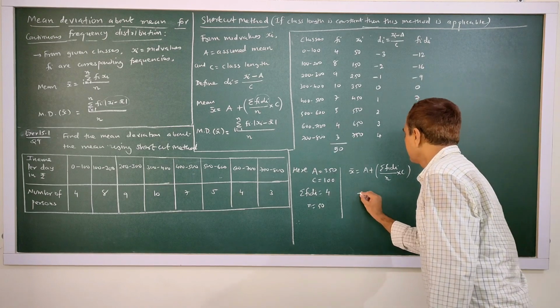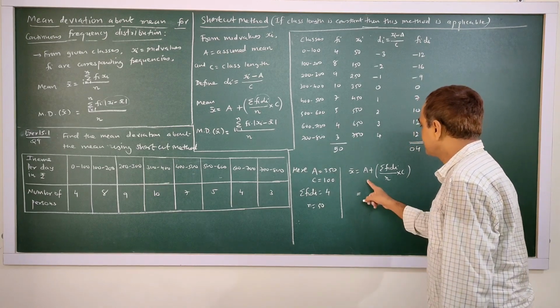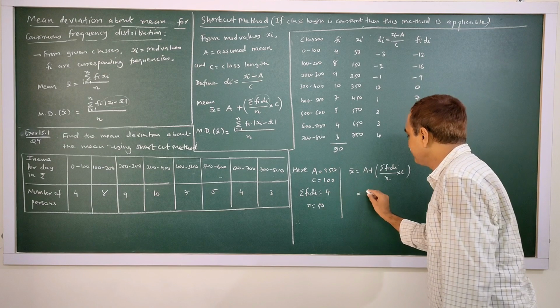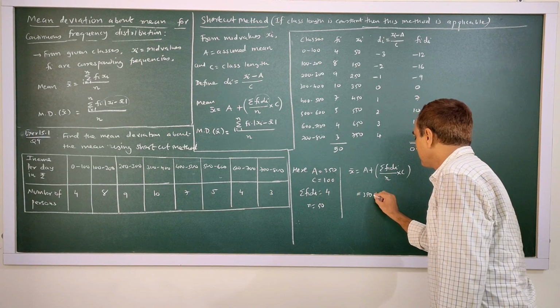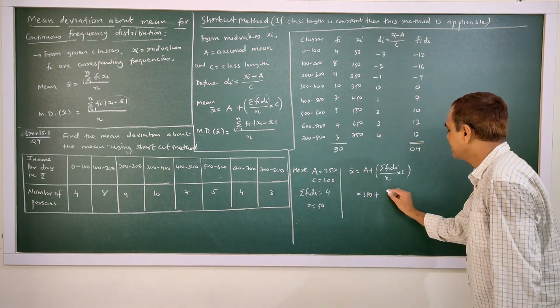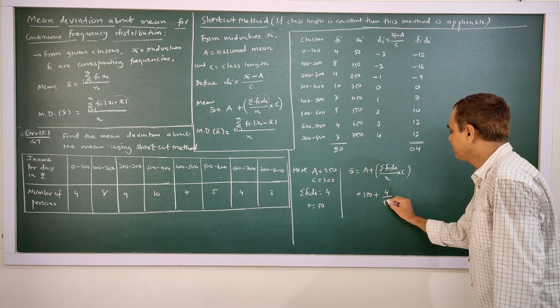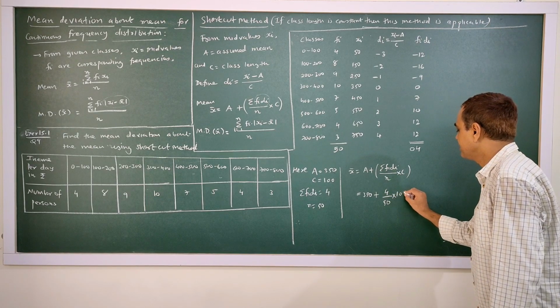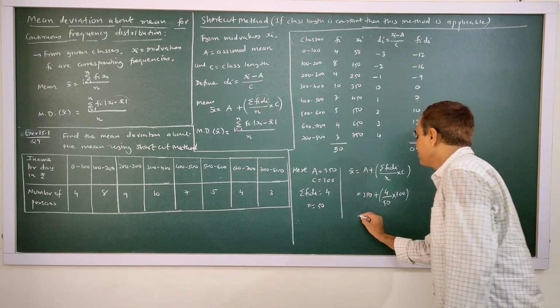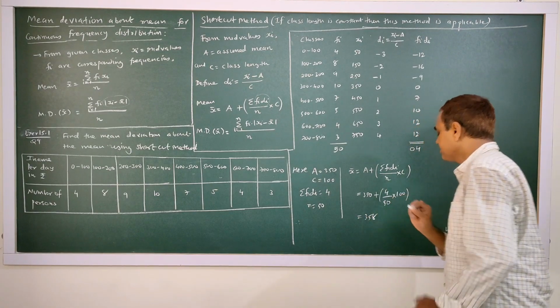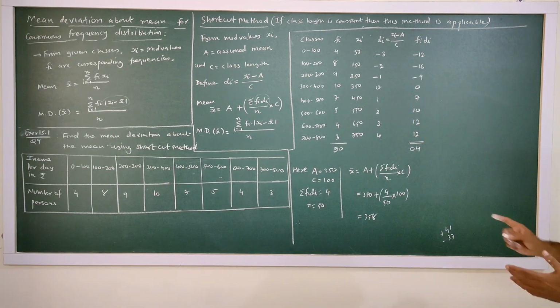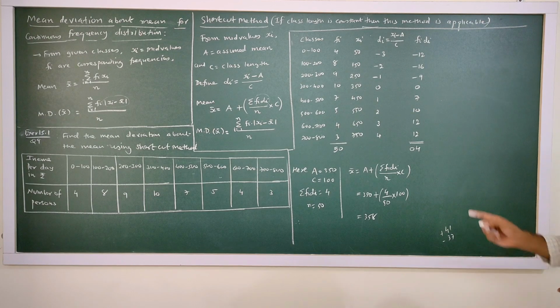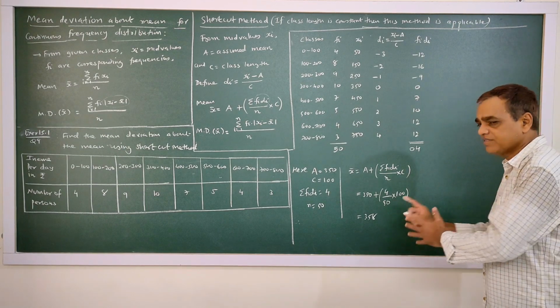That is, a is 350, plus sigma fi di is 4 upon 50 into 100. So this is 358. So mean is 358. In the first method also it was 358.